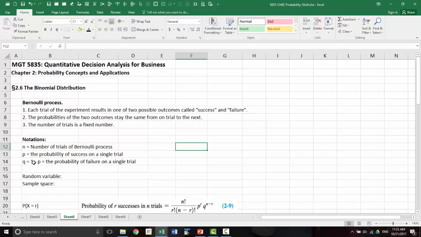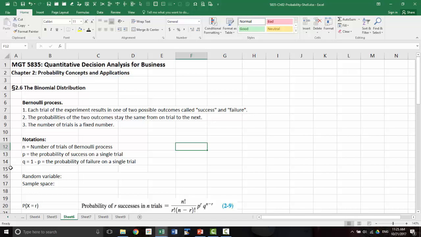Because the sample space has only two outcomes, if one probability is p, the other has to be a number such that the sum of the two will be equal to 1, and therefore q has to be 1 minus p. So this is our Bernoulli process or binomial distribution.